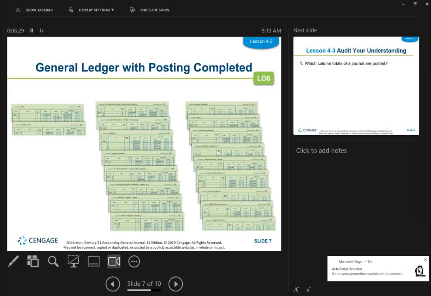And then an example of our ledger with the postings completed. Notice we have one page for each of the account types. So we have cash and petty cash and accounts receivable for Main Street services and so on. It's a million things here, right? So the ledger is lots of pages.